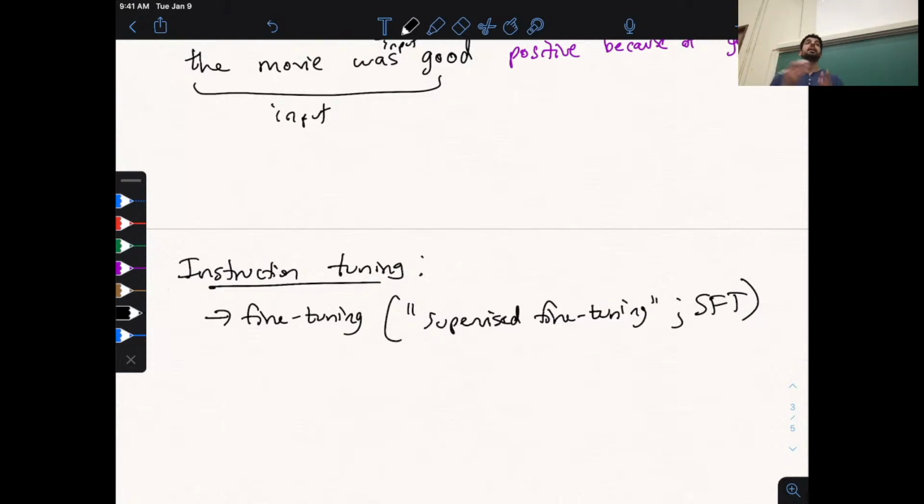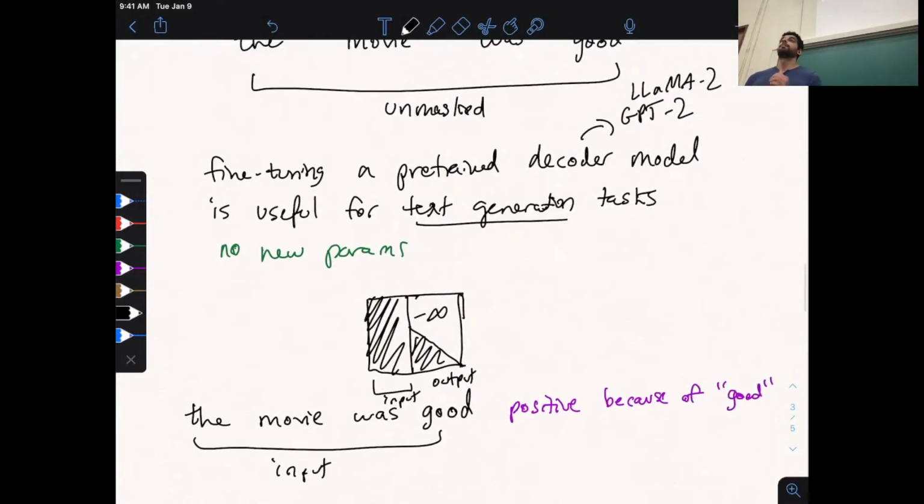So if you ever see SFT in any blog post or tweet or paper, it is referring to just this process above of taking some labeled data and fine-tuning your pre-trained language model on it as a text generation model.